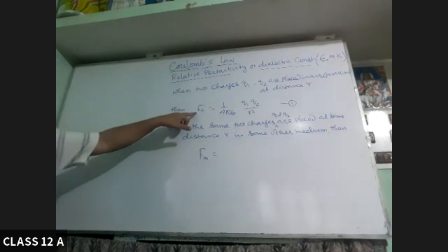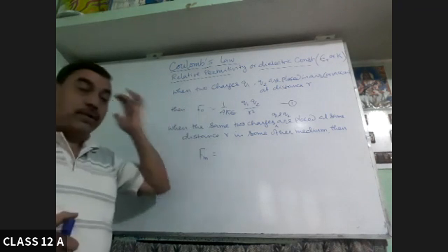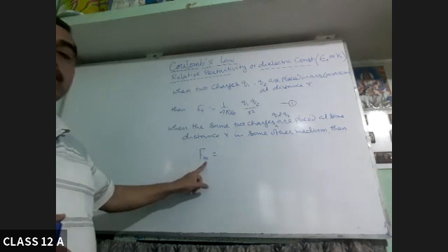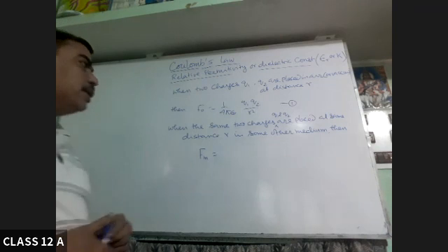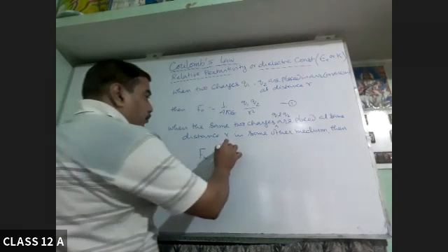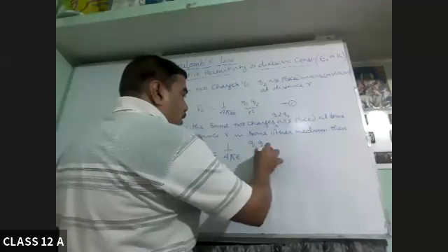F naught is the force experienced when placed in air or vacuum. Fm is the force experienced when placed in that particular medium. So what will come is 1 by 4 pi epsilon Q1 Q2 over R square.